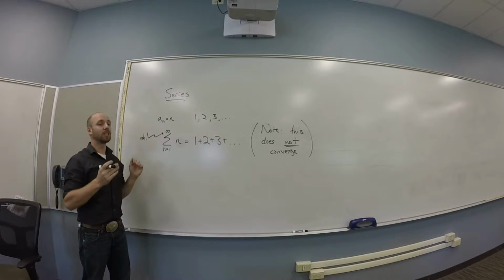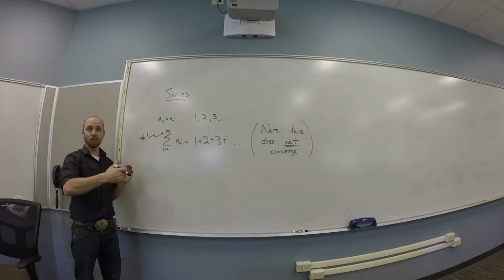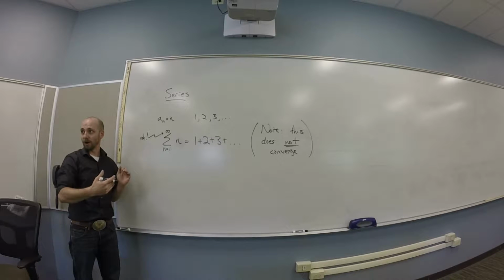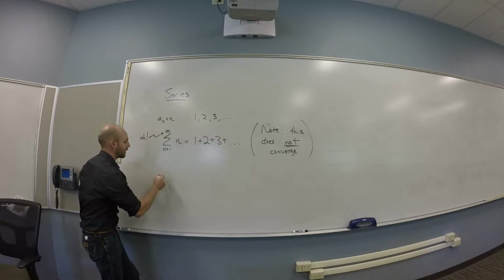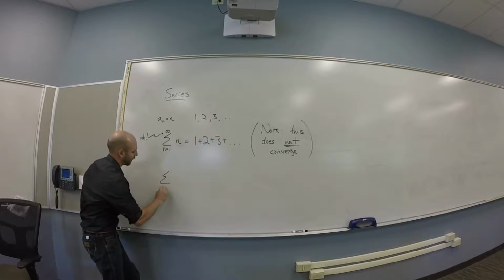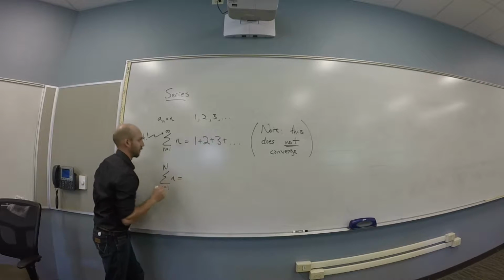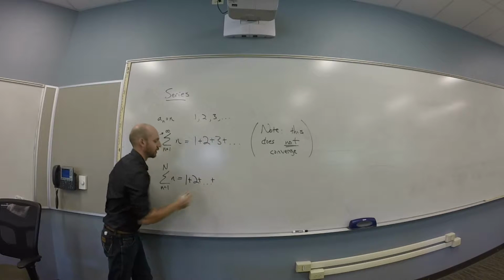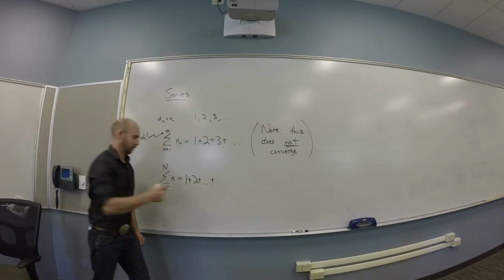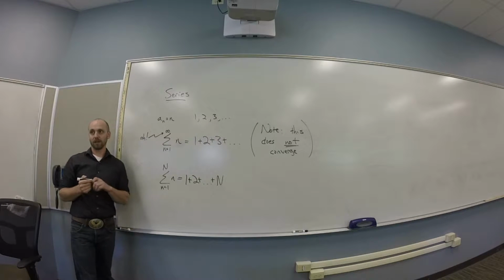However, some finite truncation, meaning if you cut this thing somewhere, will converge to a number, because it's just a sum. So that would be something like the sum from n is 1 to capital N of n. That would be 1 plus 2 plus, and so on until I got up to capital N. It's all good with that?